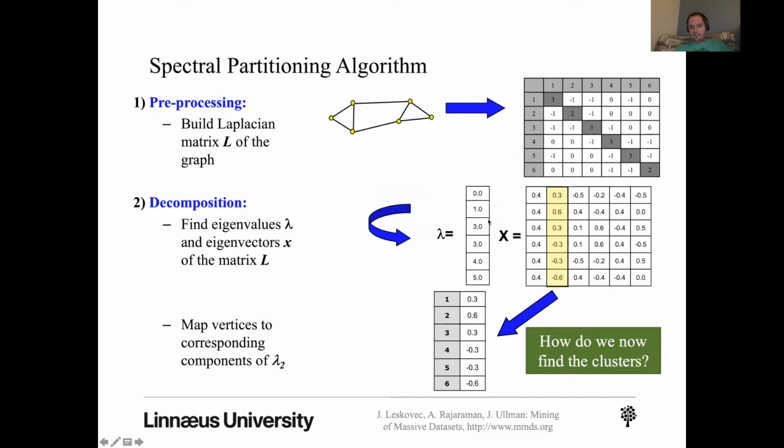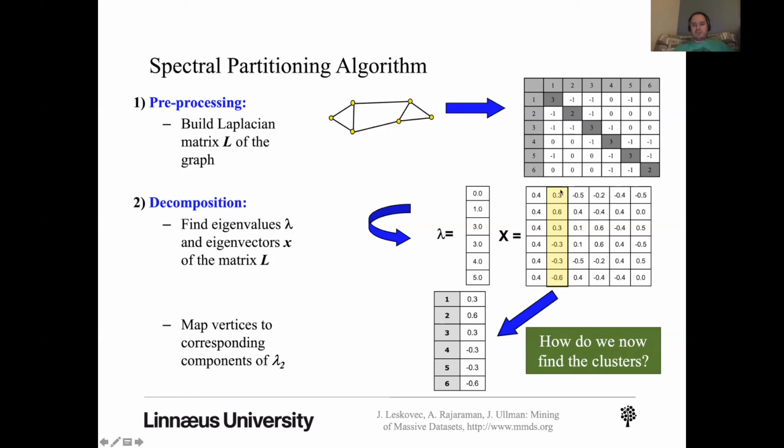As you can see here, these are all the eigenvalues and these are all the eigenvectors. And you can see that the first eigenvalue, as we discussed, has a magnitude of 0, and all the elements are here. They're not 1, they're just 0.4, but they're all the same anyway. So if they're all the same, then obviously it's not a good solution because all the nodes are in the same partition.